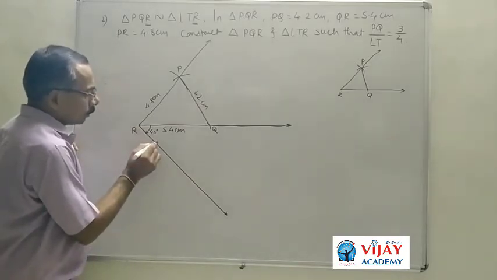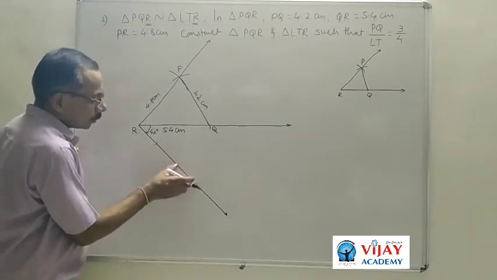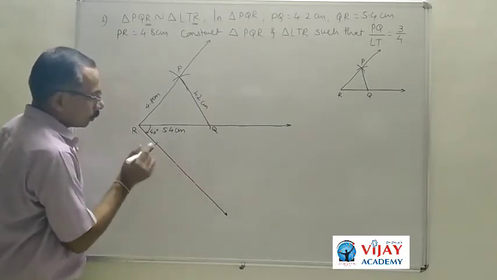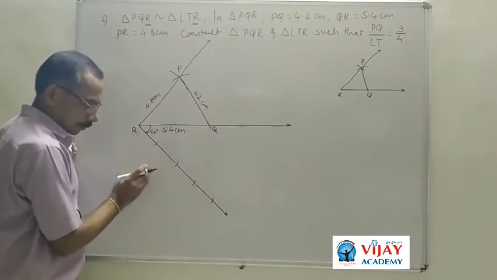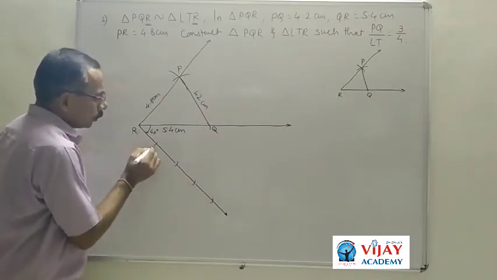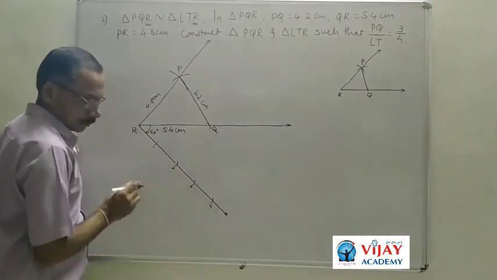If we take these 4 arcs on this ray, denote them 1, 2, 3, 4.